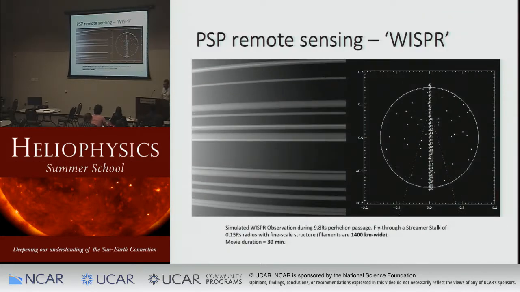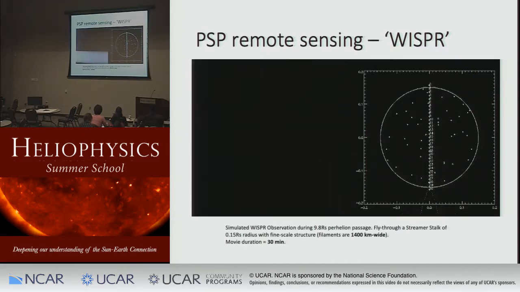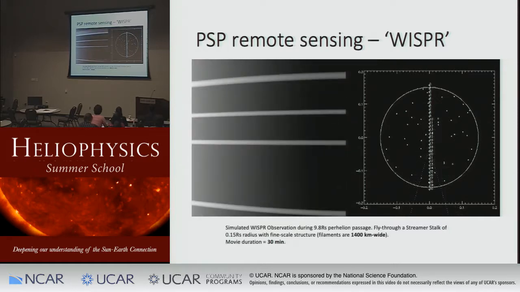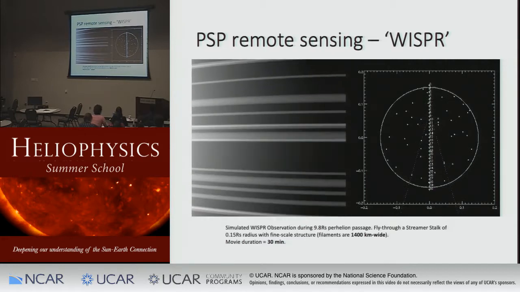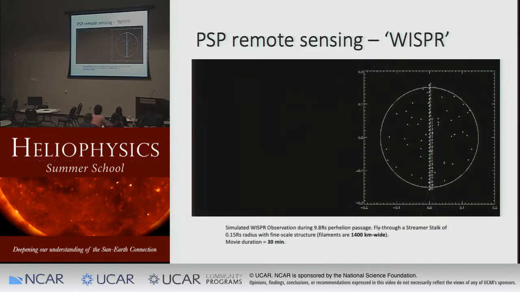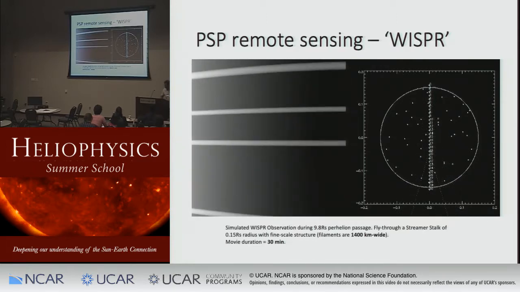Yeah, here's the WISPR thing. This is a simulation of what that imager might see as we fly through streamer structure in the ecliptic plane. So we'll see this stuff in the camera, and then we'll measure it coming over the spacecraft with the in situ measurements. And then, of course, we'll use other assets to measure things from the ground or from STEREO or other spacecraft.